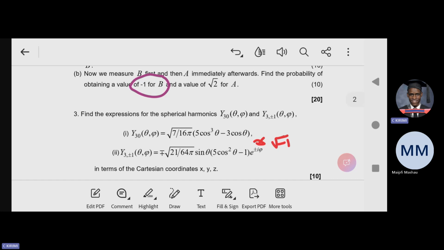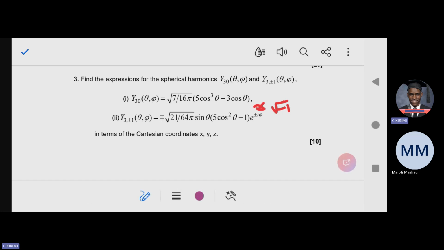So it was just a matter of substitution. Your answer must be in terms of theta and phi, but it must be the spherical harmonics.